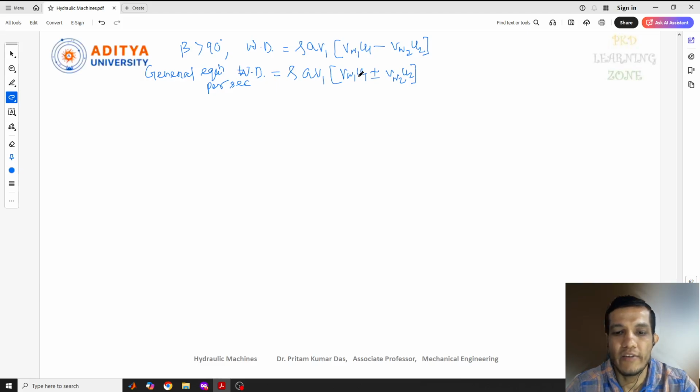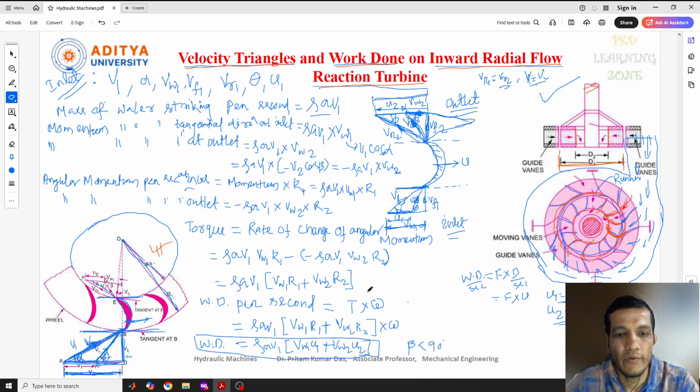But now the concept is how to find the efficiency from this. As I told you, up to this point we have calculated in our previous topic. So we can give some equation numbers here. First one, equation 1.